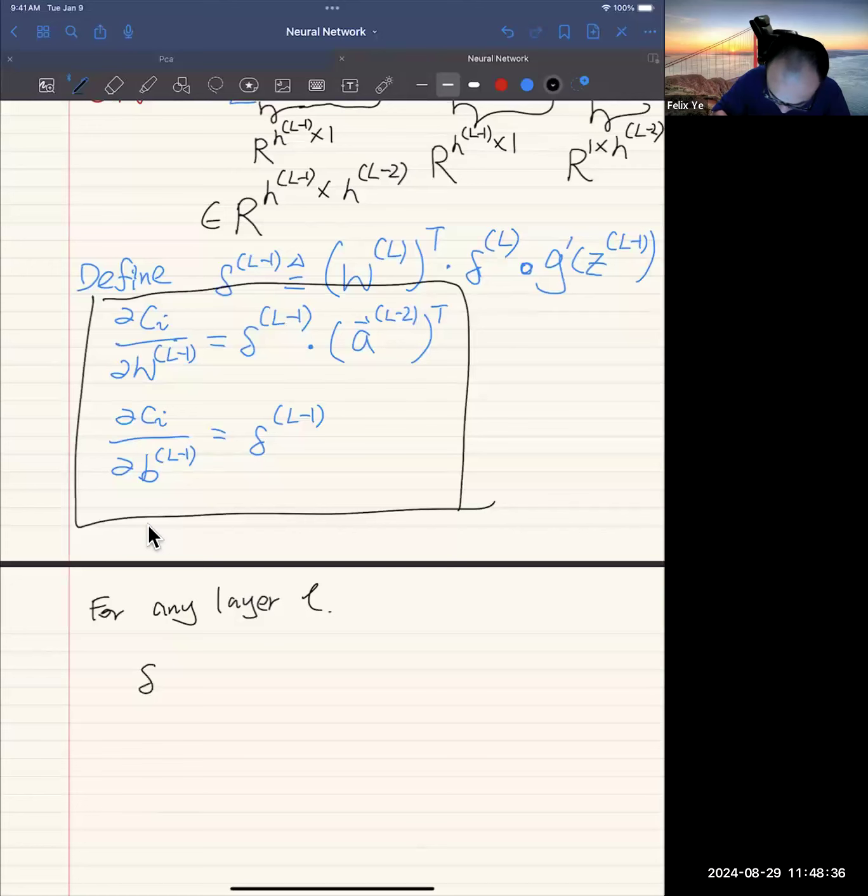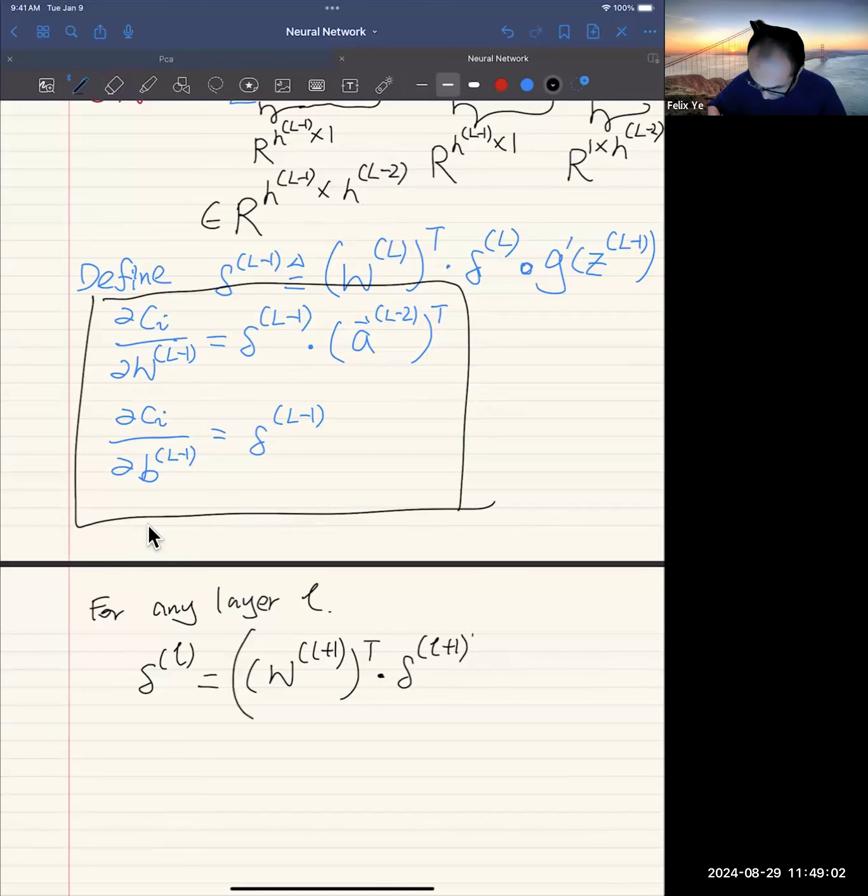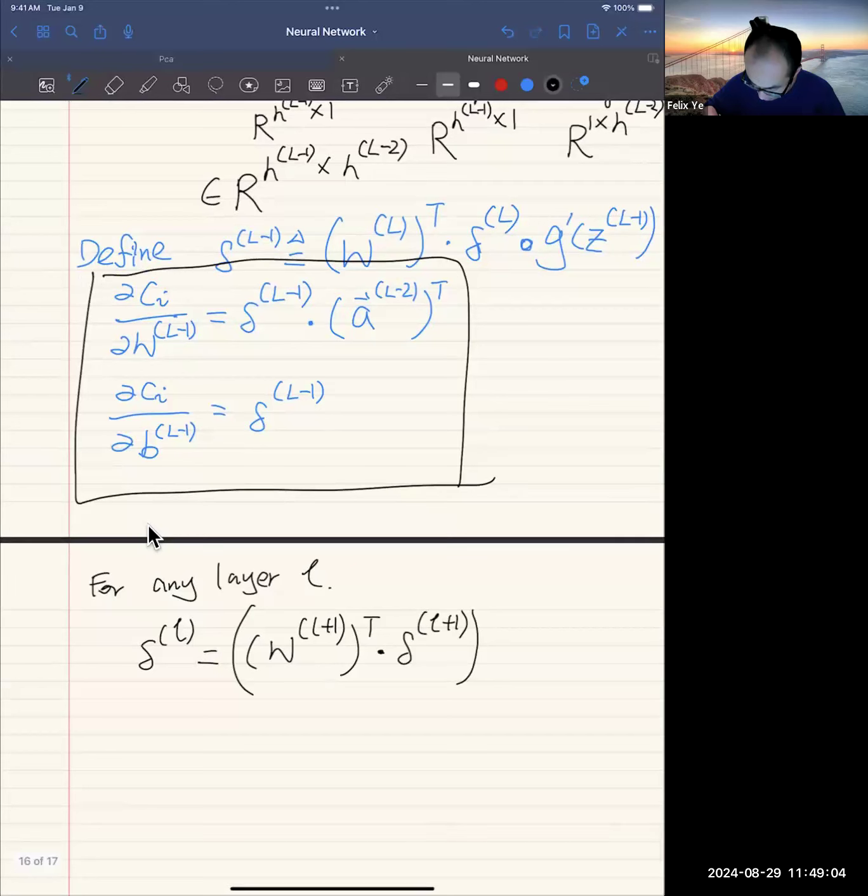So you define this delta little l here, and this is equal to W_{L+1} transpose times delta_{L+1}, then element-wise product with g prime of Z_L.